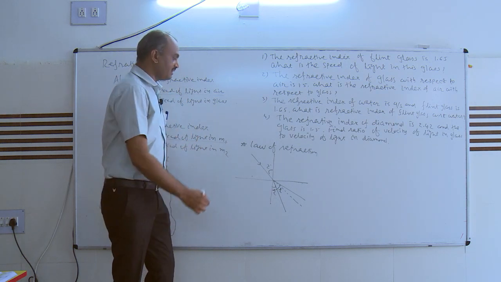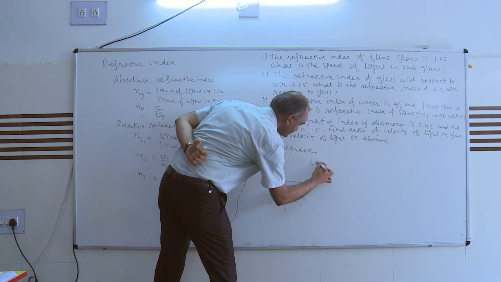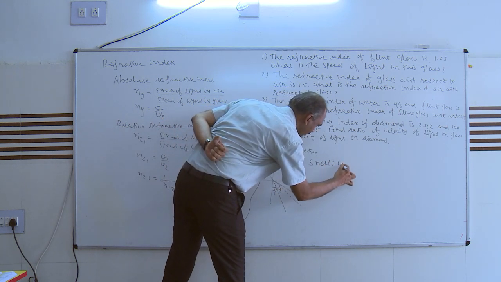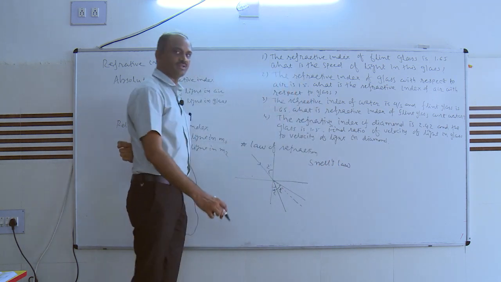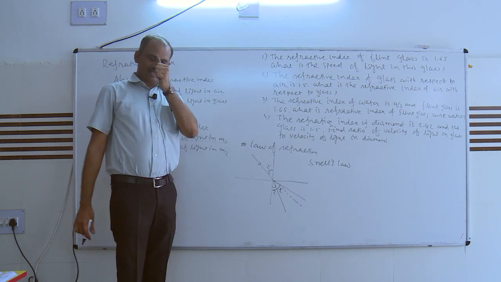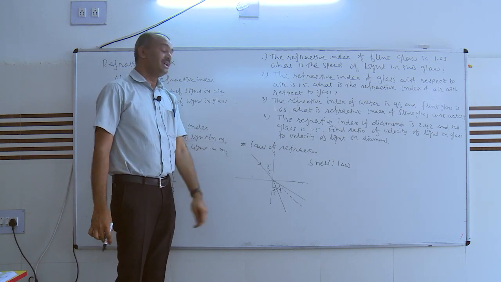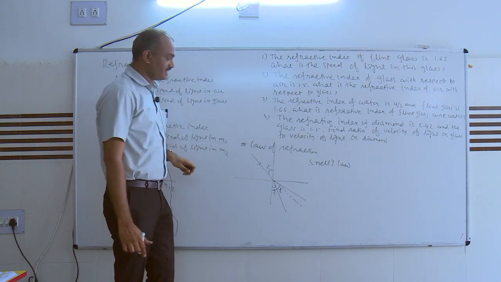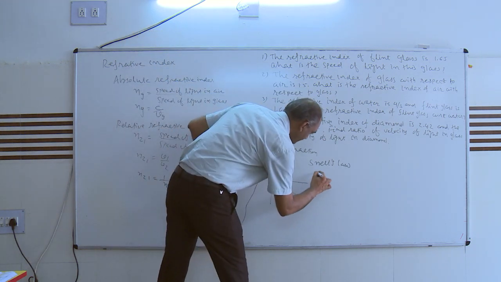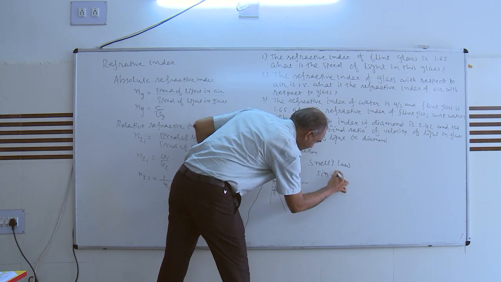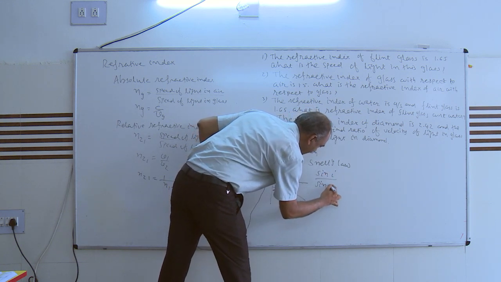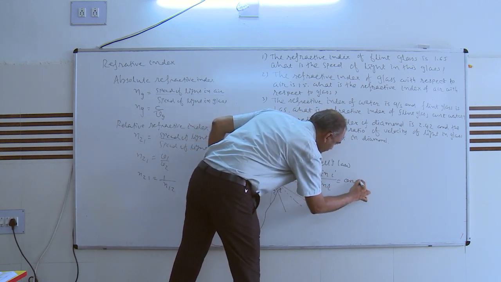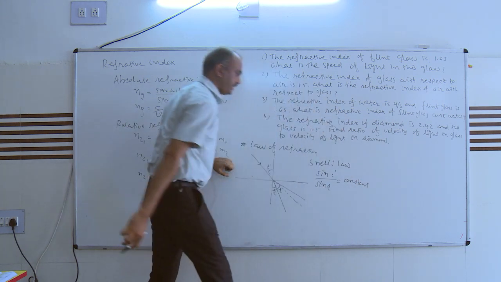Another thing we defined is Snell's law. So what is Snell's law? The ratio of the sine of the incident angle to the sine of the refracted angle is always constant. So sine I upon sine R is equal to a constant.